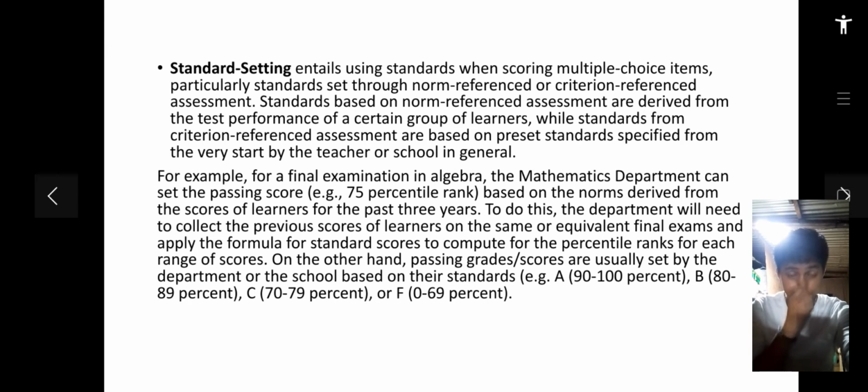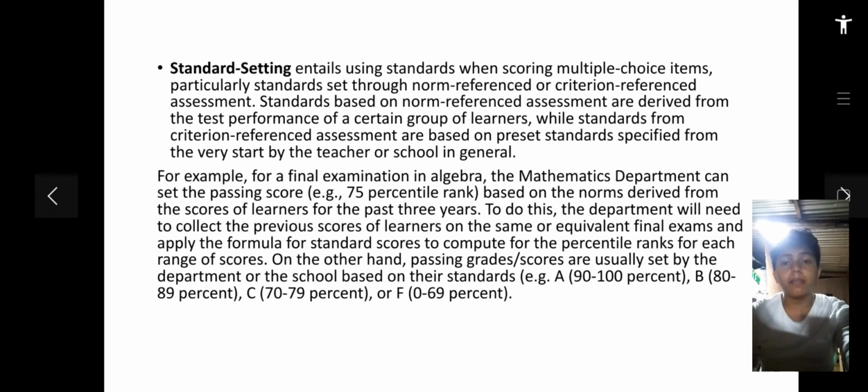Now, next is the standard setting. Standard setting involves applying standards, particularly those established through norm or criterion reference assessment, when grading multiple choice items.